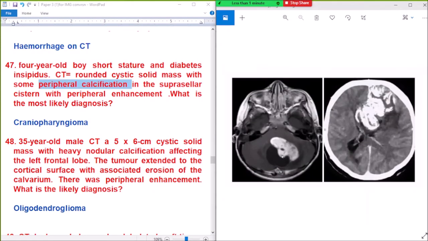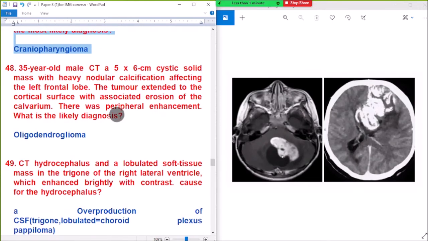So, a 4-year-old boy with short stature and diabetes with a cystic solid mass with peripheral calcification in the suprasellar region: craniopharyngioma.